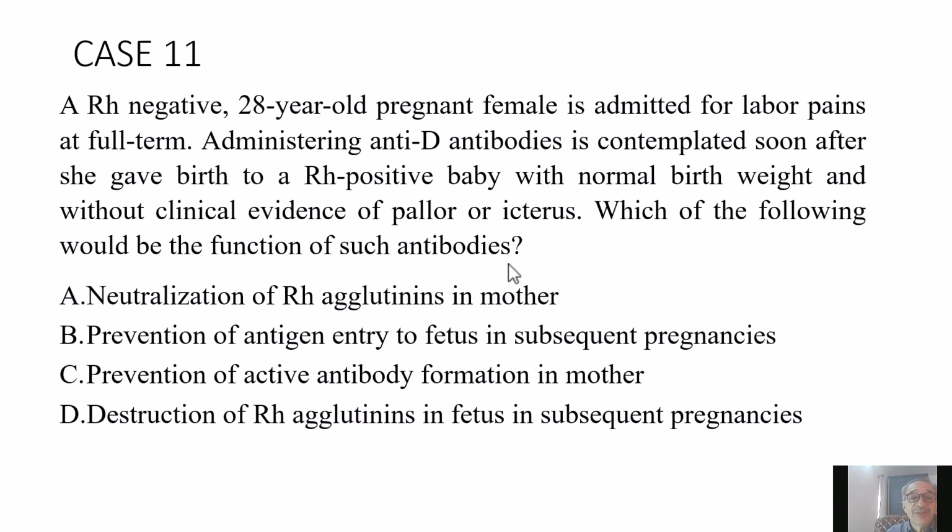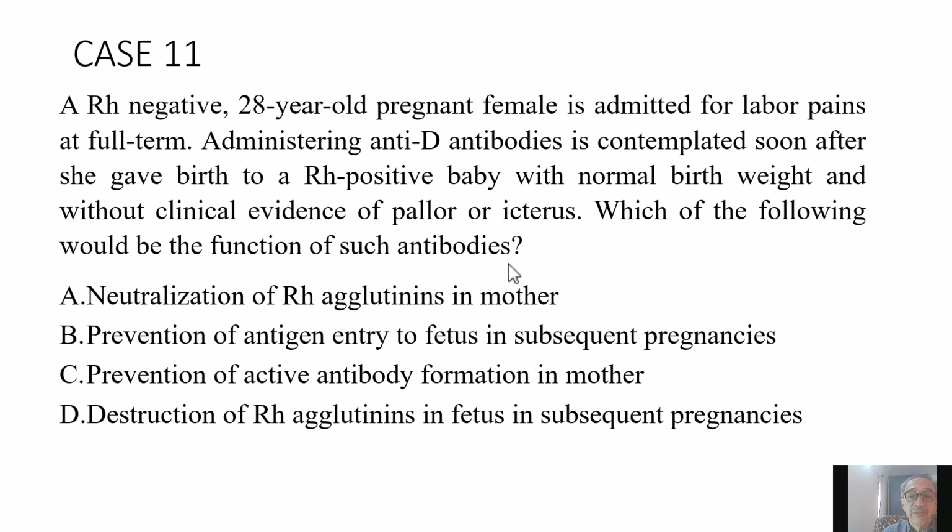They cannot neutralize another agglutinin. Not a correct answer. Prevention of antigen entry into the fetus in subsequent pregnancies. This is also unlikely. Antigen entry from where? From the mother to the fetus. The mother is Rh negative. Even if some negative cells come, nothing will happen to the Rh positive baby.